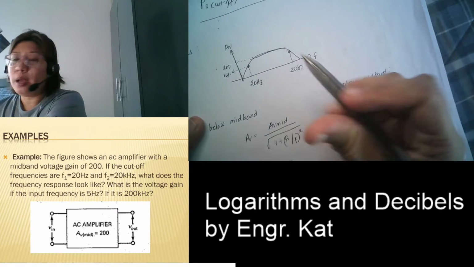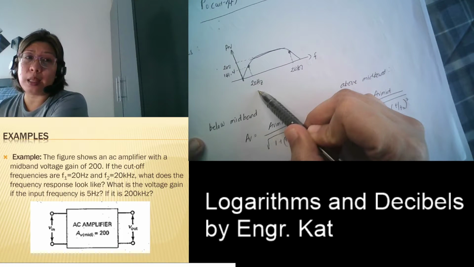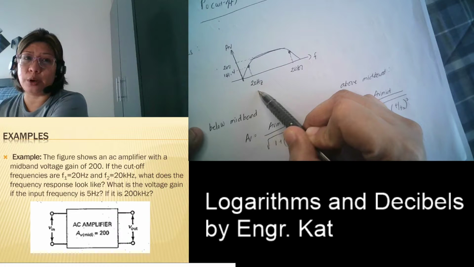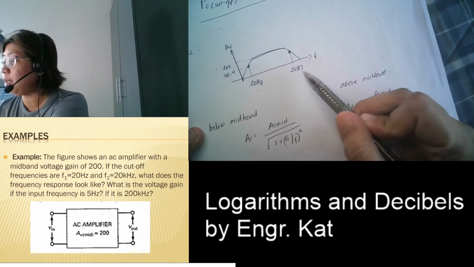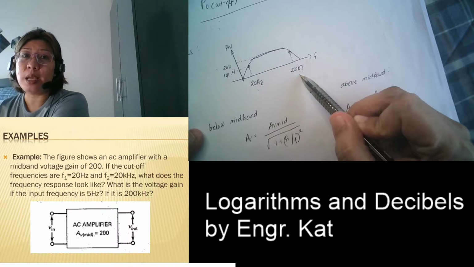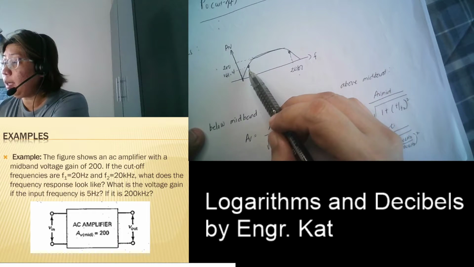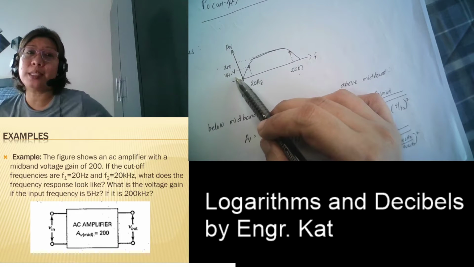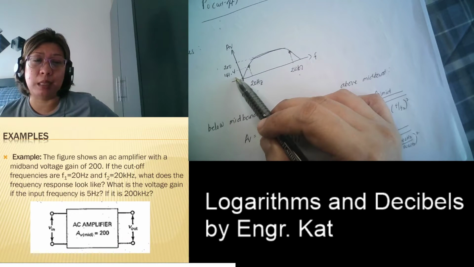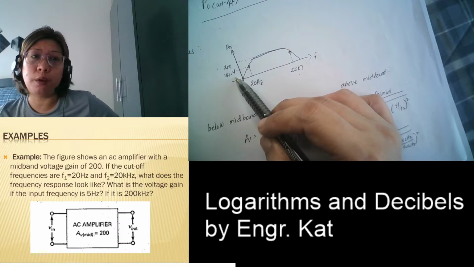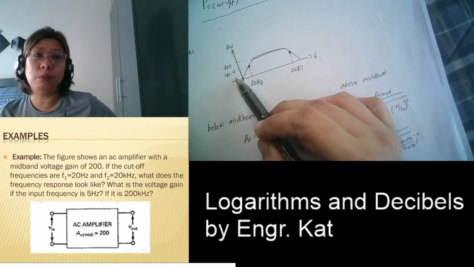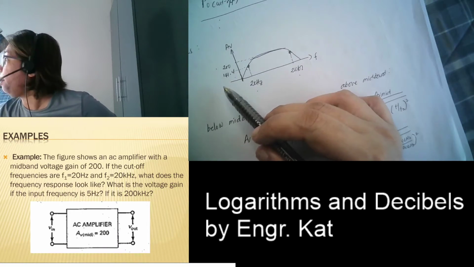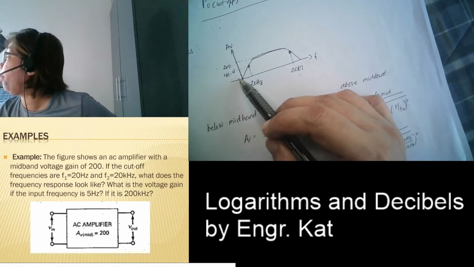This is your lower cutoff frequency, which is 20 Hertz, your F1, and this is 20 kilohertz, your F2. At 20 Hertz and 20 kilohertz, the gain is equivalent to 0.707 of your AV mid. So what is 0.707 of 200? 200 multiplied by 0.707, we will be having 141.4.